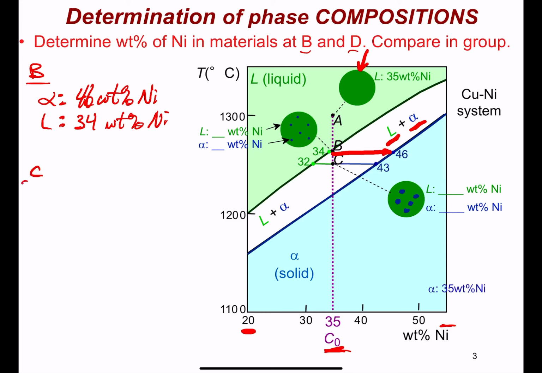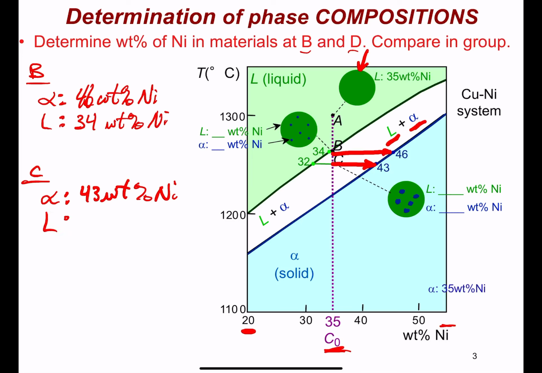Point C, lower the temperature still. And so here you can see, again, we're in the white area, so we expect alpha. And we can look to the tie line as we go to the solidus again. And so here we intersect in the isothermal tie line at 43. So we are 43 weight% nickel this time.